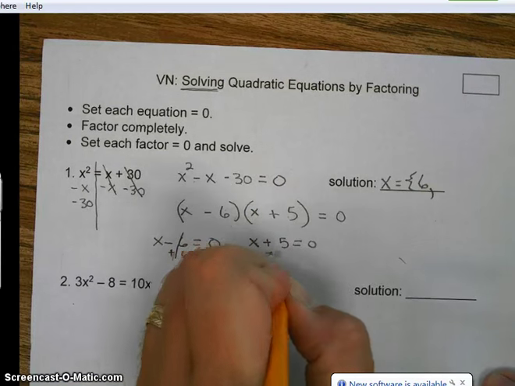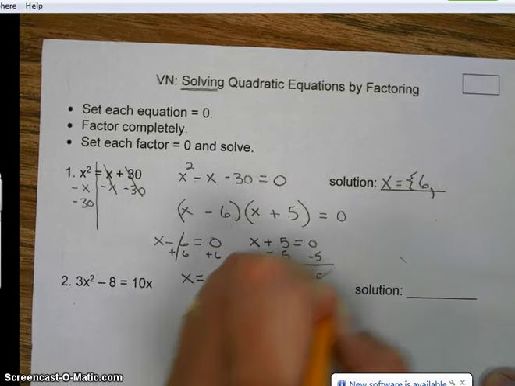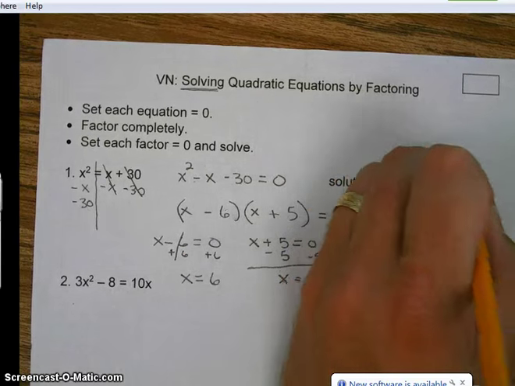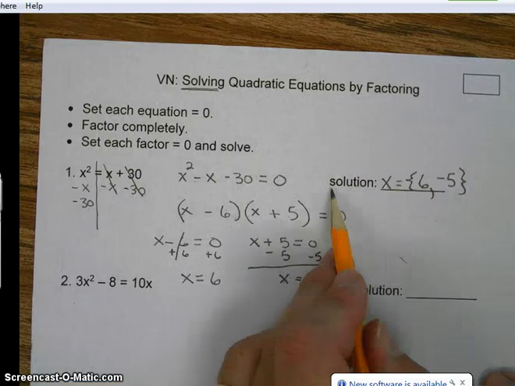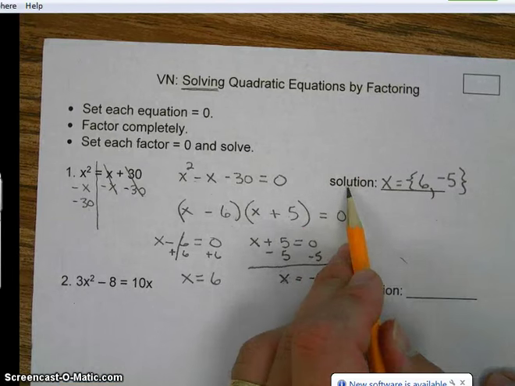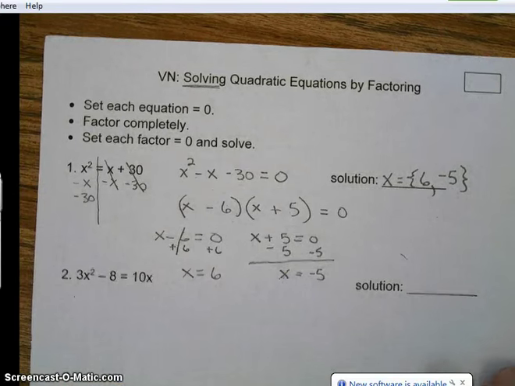And subtracting 5, the other solution is -5. And these are the two places where the parabola crosses the x-axis, known as the solutions, zeros, roots, x-intercepts.